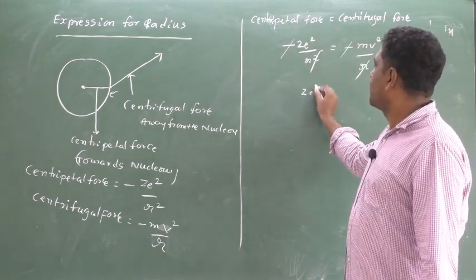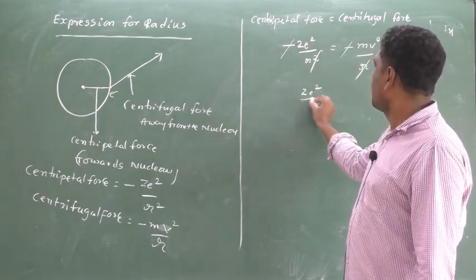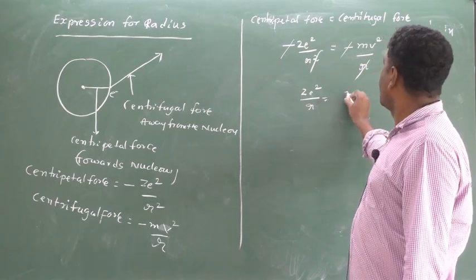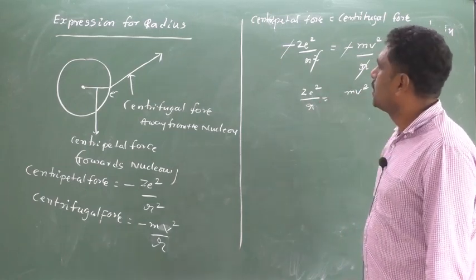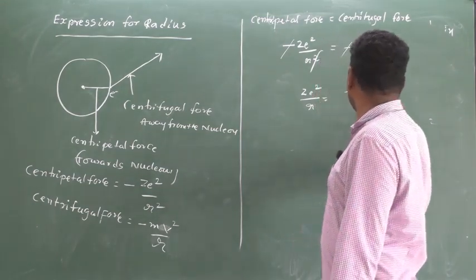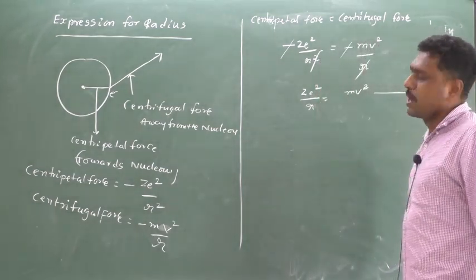After that, Ze square by R equals mv square. This is equation number 1.